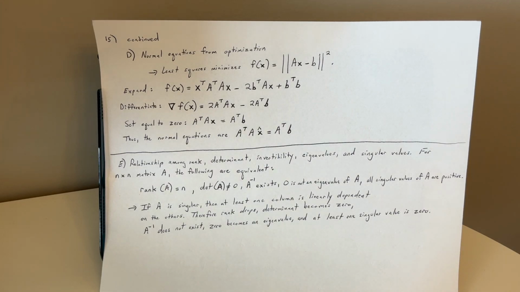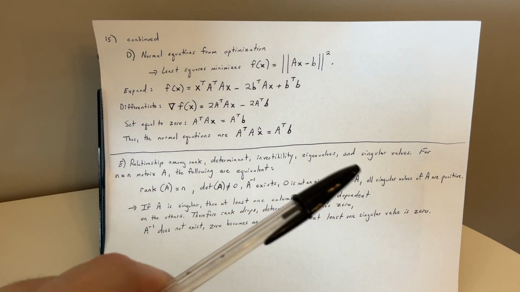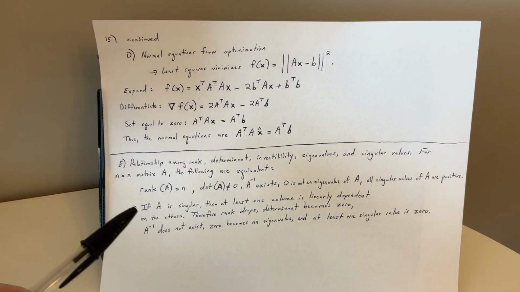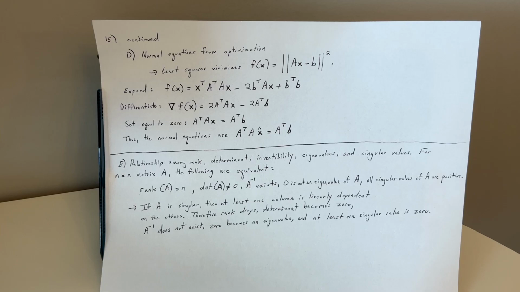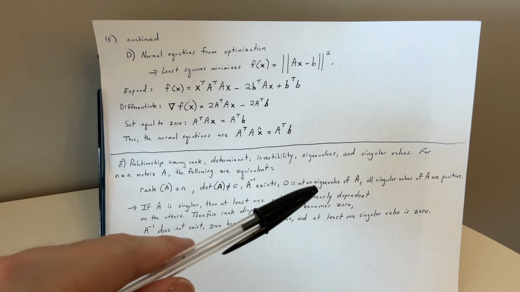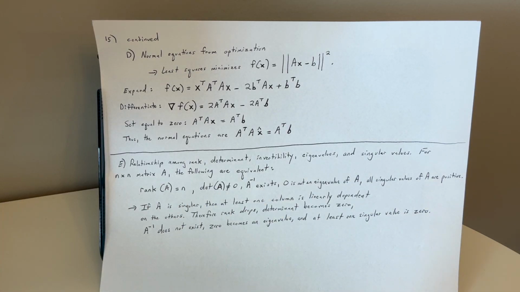And for the last one, letter E, we want to explain the relationship among rank, determinant, invertibility, eigenvalues, and singular values. For an n by n matrix A, the following are equivalent: rank of A equals n, determinant of A does not equal 0, A inverse exists, 0 is not an eigenvalue of A, and all singular values of A are positive.